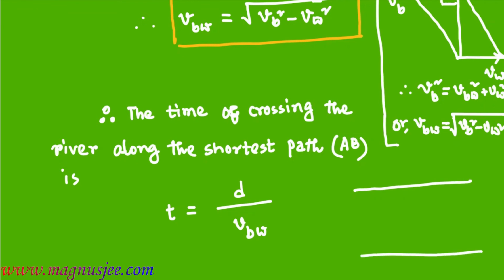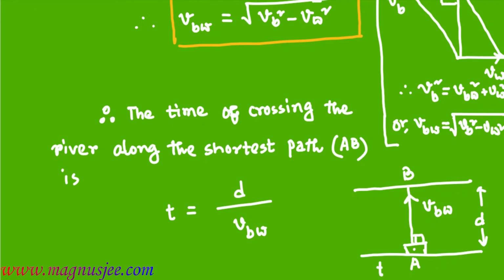We can draw the diagram again. And here we have the boat, which will have the resultant velocity VBW along this shortest path AB. AB is the shortest path along which the resultant motion of the boat will occur. VBW is the resultant velocity, and D is the width of the river.